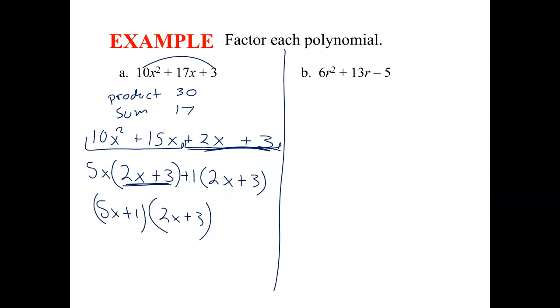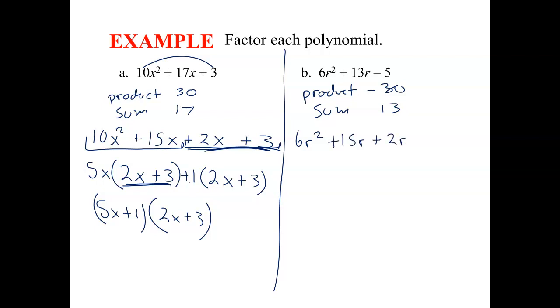What do I need to get a product of for B? Negative 30. And a sum of 13. All right. So what two numbers give me that? Negative 15 and positive 2.